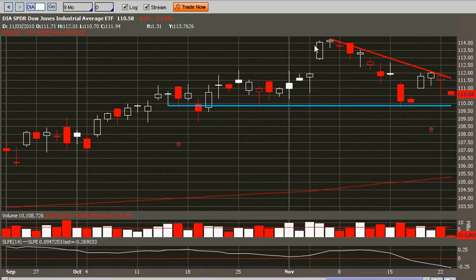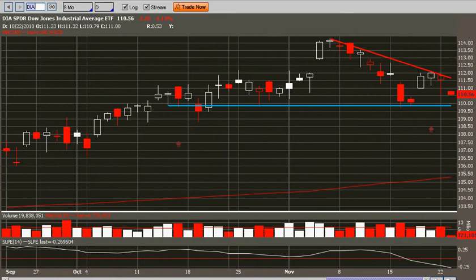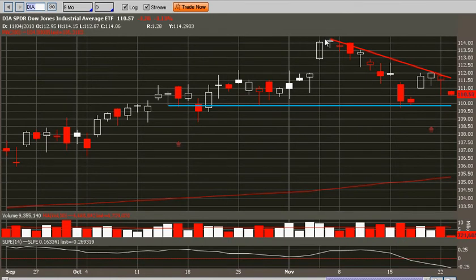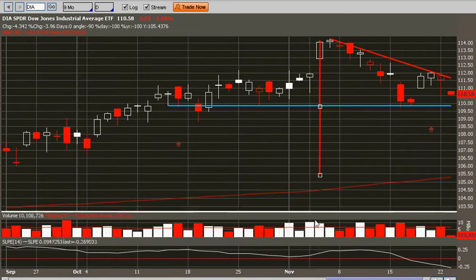And same thing goes with the measuring formula. Duplicate that, move it to here, going down to 10,550 thereabouts.